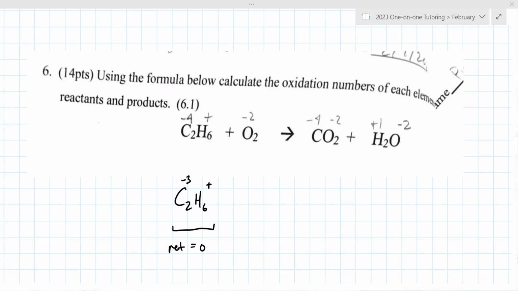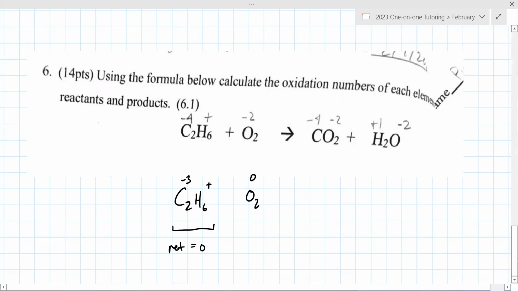Where it gets wonky is, what do you do with an O2? Well, apparently it's 0. And I think that's because it's stable by itself. Okay. And now it's like, well, what about CO2? Well, carbon, like I mentioned, is -4 or +4. So it can go either way.